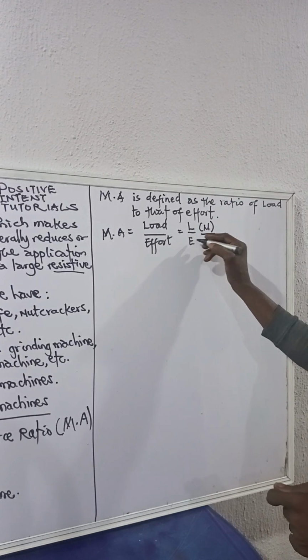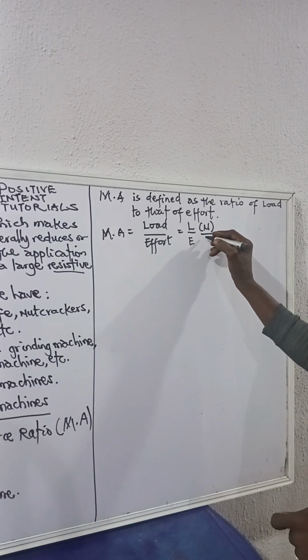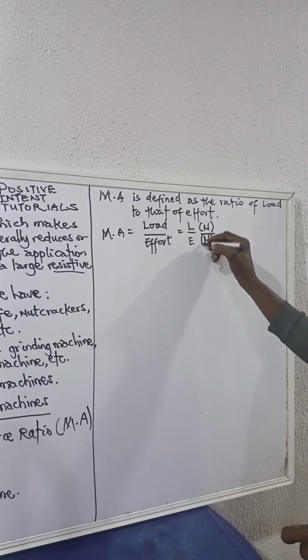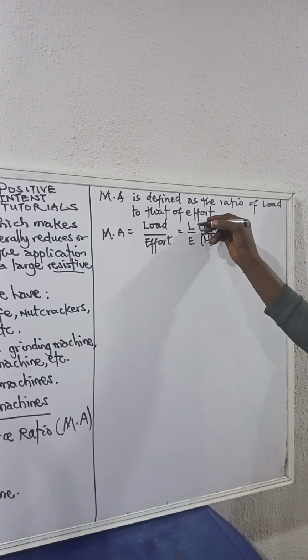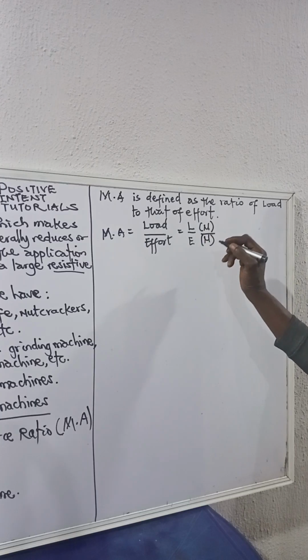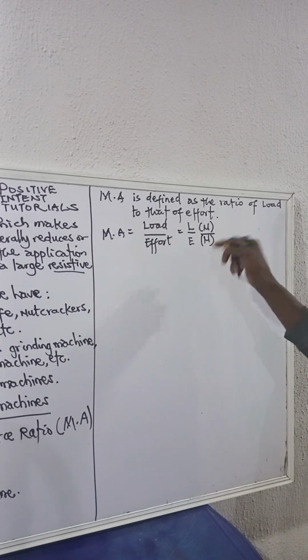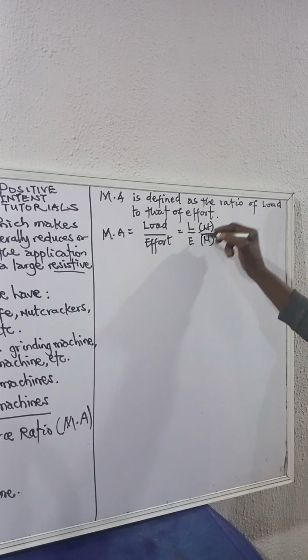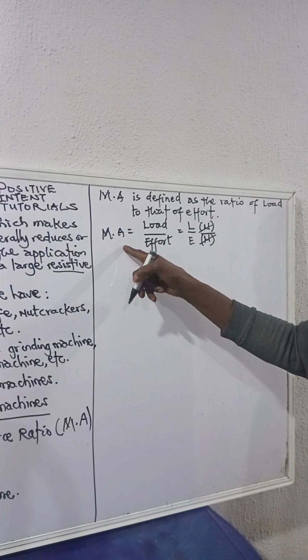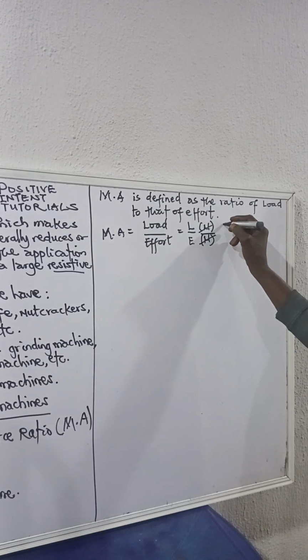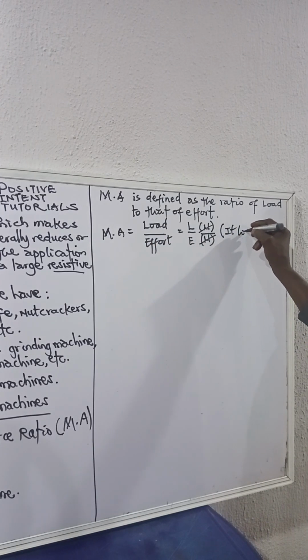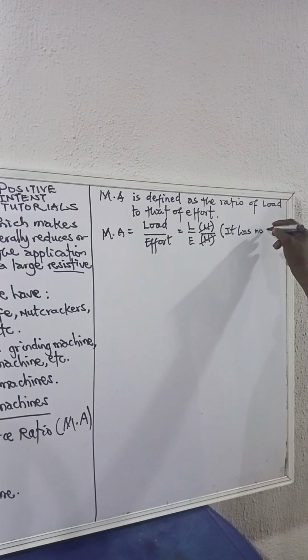Then we have effort as well, which we are applying, also being measured in Newton. So meaning that load is a force, effort is also a force. So that is why mechanical advantage is equally being referred to as force ratio. So this makes mechanical advantage have no unit.